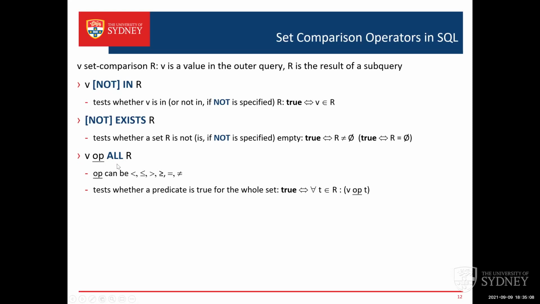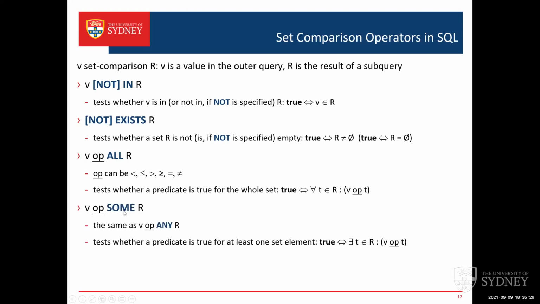We can have an operator and then the keyword ALL. So let's say greater than ALL. That simply means whatever result you have, it must be greater than all of these values. Let's say in R you are getting all of the student marks and you are checking whether one student's marks is greater than all student marks. At that time we need to use ALL. We can use SOME as well, or ANY.